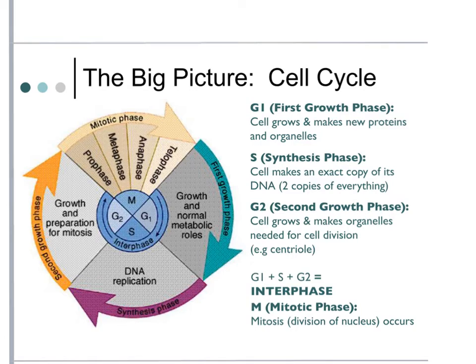So during interphase, G1, S, and G2, the cell is growing, making copies, and just generally preparing for cell division. Cell division is reproduction, and remember, that is a key aspect of a living thing.